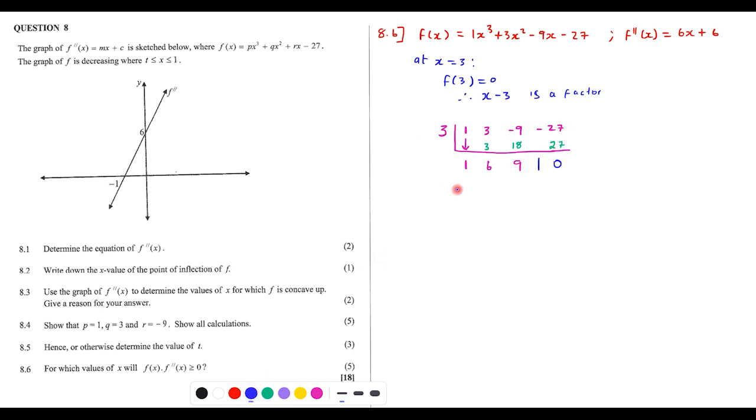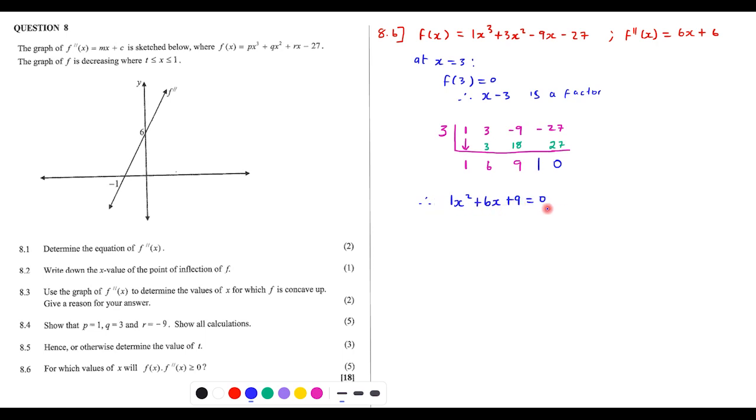So this then means that these numbers here, I'm going to write them according to the quadratic. The quadratic is going to have 1x squared, and then 6x, and then the constant is going to be 9, and I'm going to equate this with 0. Then from here I'm going to factorize this, right?